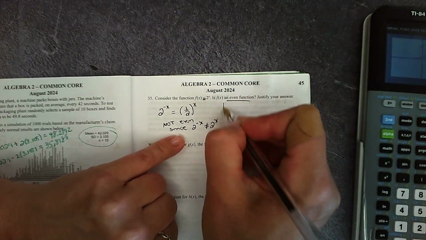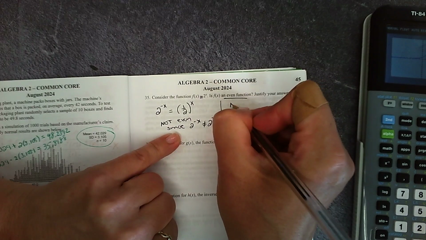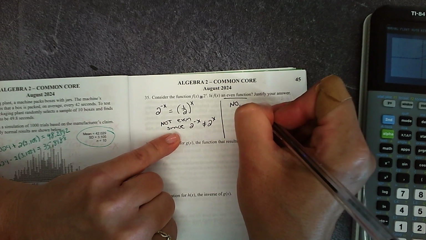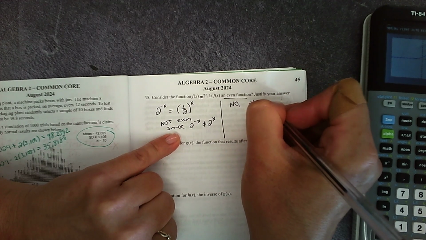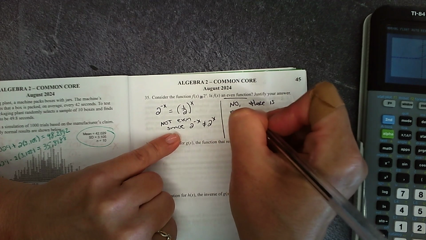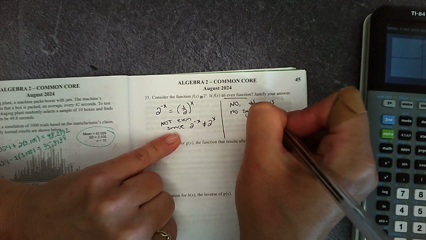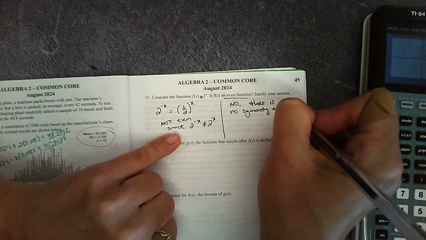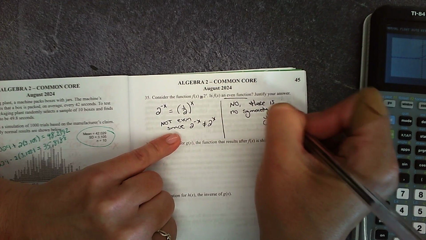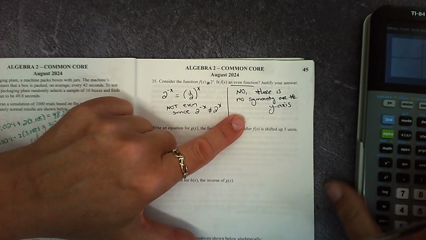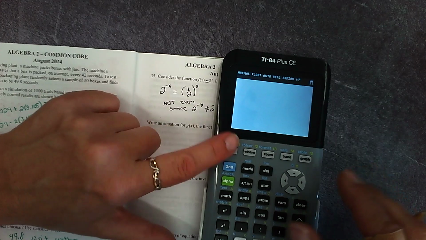So for this, you could say no, there is no symmetry over the y-axis. That's the easiest way to do it. Let me show you what an even function would look like.